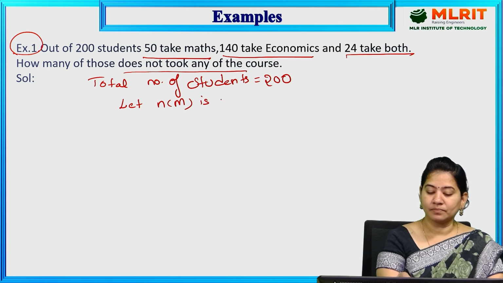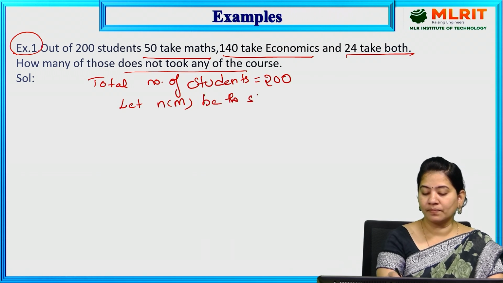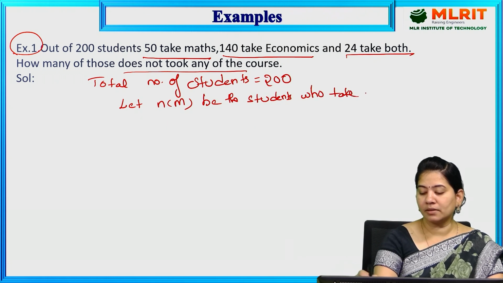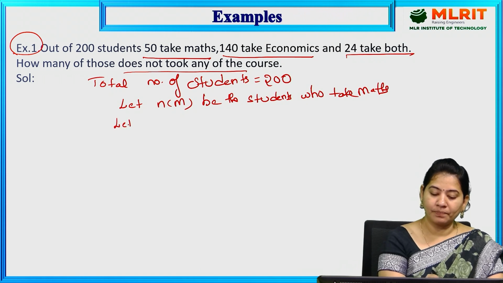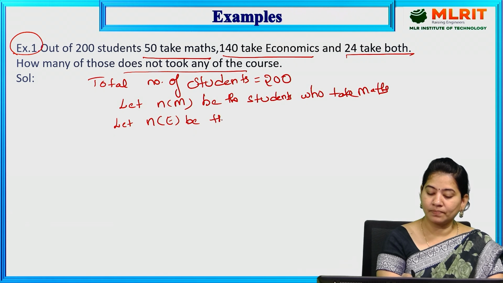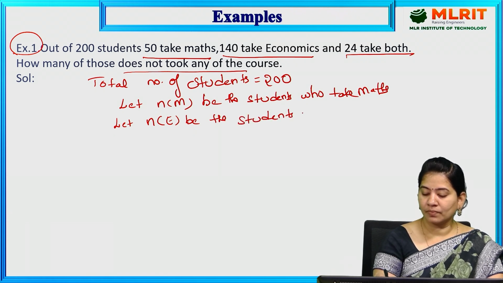Now here, out of these 200 students, 50 take maths. For example, let n of M be the students who take maths. And next, let n of E be the students who take economics.